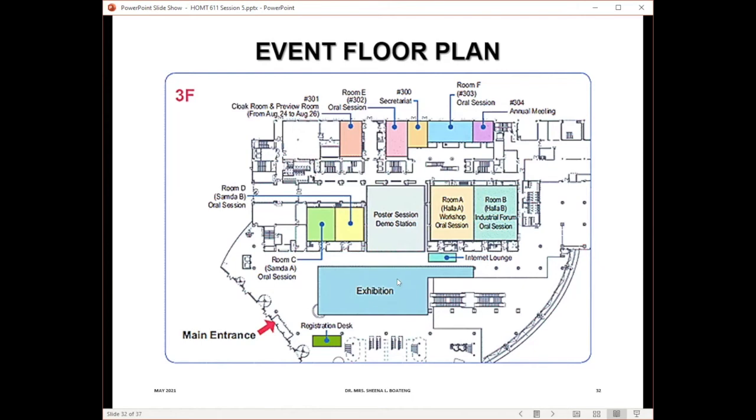Good. And usually exhibitions are like that. If you've been to an exhibition before, you see that there are so many exhibitors and so many things happening at the same time. Yes. Good. So this is a typical example of an event floor plan for an exhibition, where you can see they have different rooms for workshops and breakout sessions.